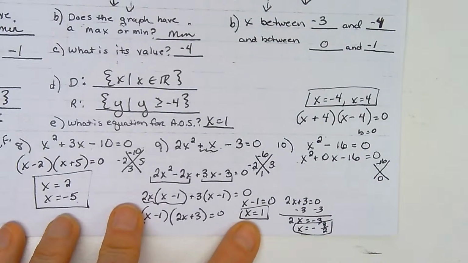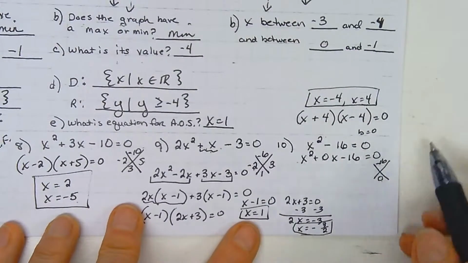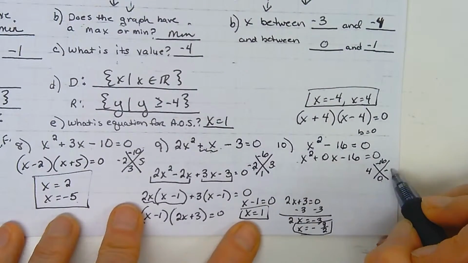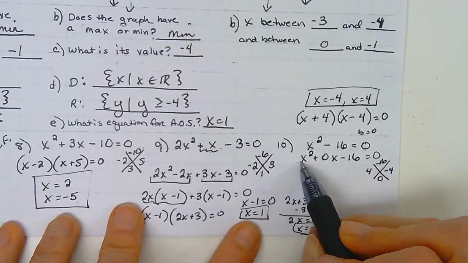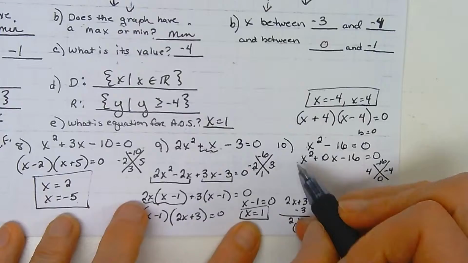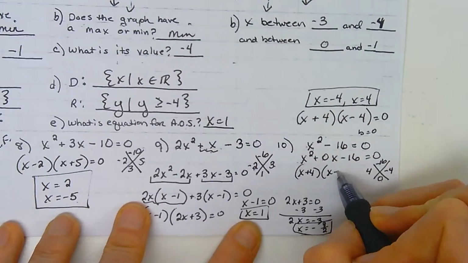It doesn't matter. So 0 goes here, negative 16 goes up here. Two numbers that multiply to negative 16 but add to 0 are 4 and negative 4. Starting to look a lot like our solution up here. Because this leading coefficient is 1, we can take our factors straight from the diamond. x plus 4 times x minus 4.